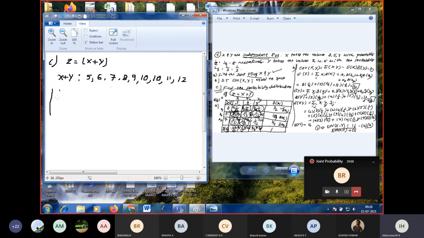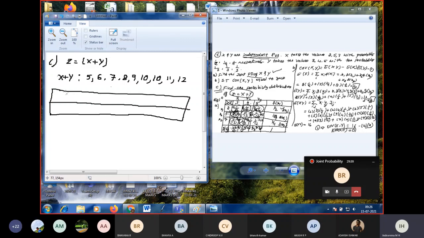So you can construct the table such that the distribution table consists of random variable versus its probability. You can take it as p of z.